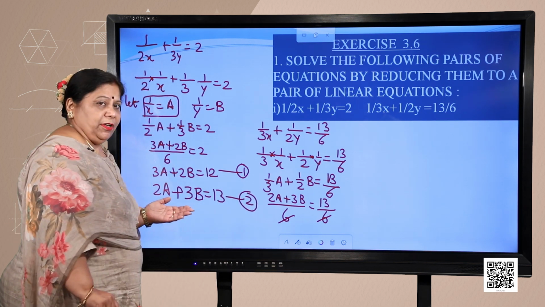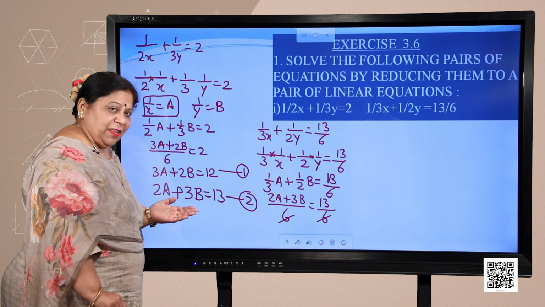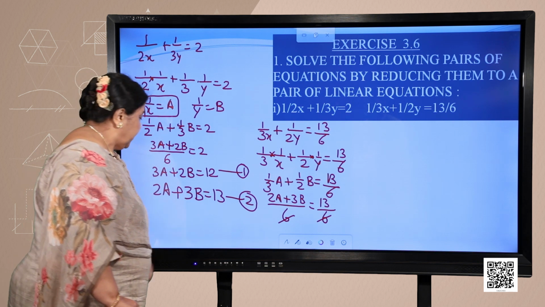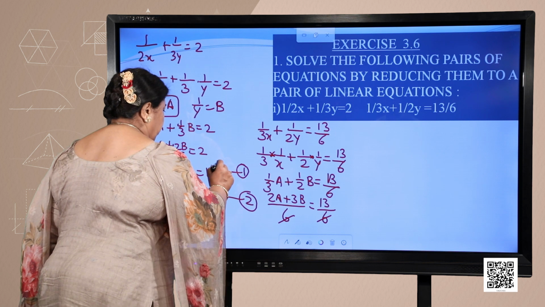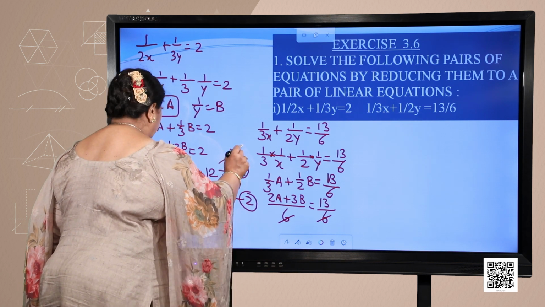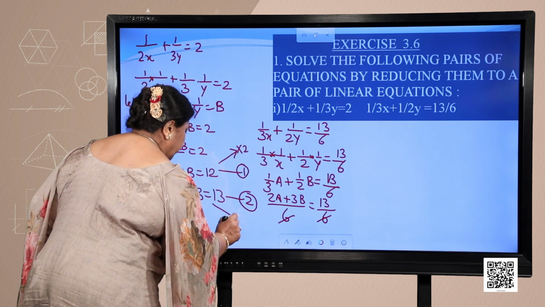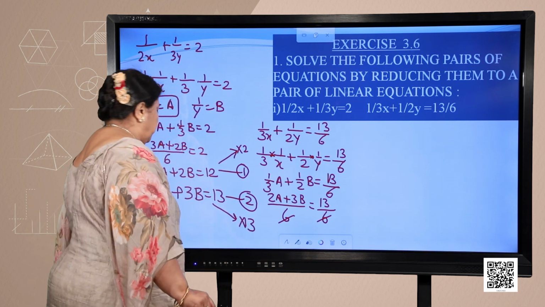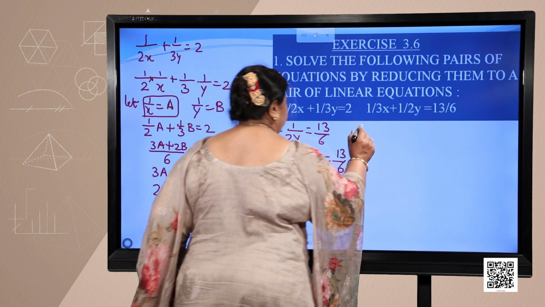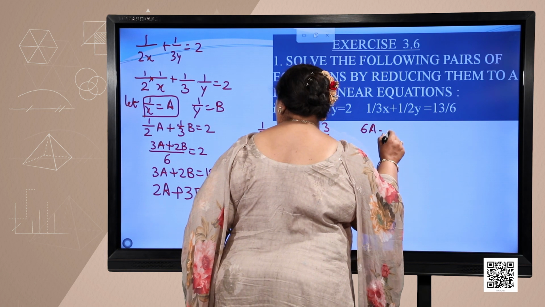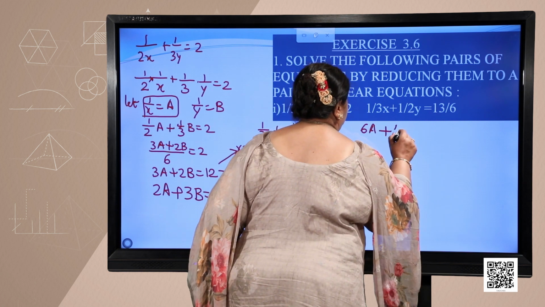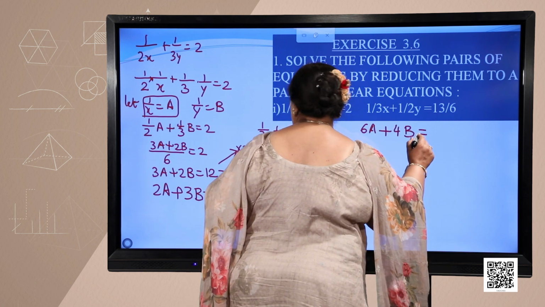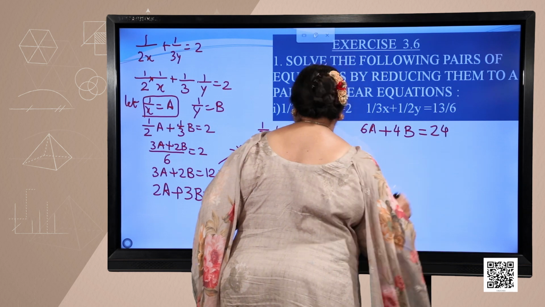Now, I think we will use the elimination method to solve these simple equations. If I multiply the first equation by 2 and the second equation by 3, look what happens. 2 3s are 6a plus 2 2s are 4b is equal to 12 2s are 24.